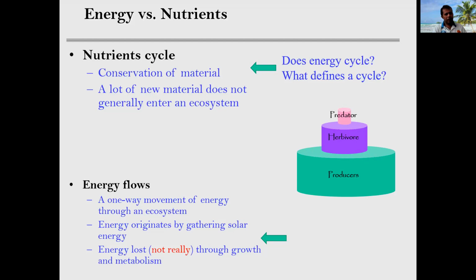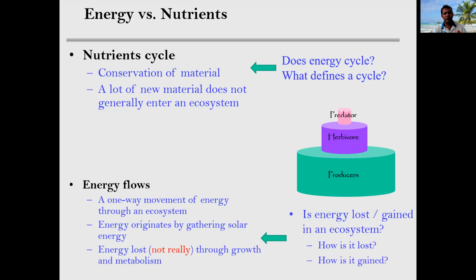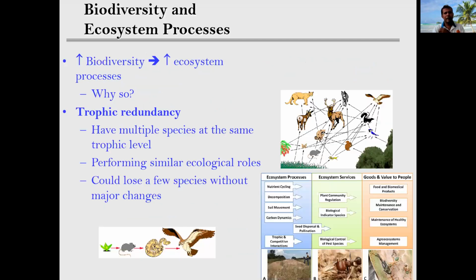So again, a very important ecosystem function is this nutrient recycling and the energy flow. Another very important thing when talking about the ecosystem is biodiversity, how diverse that ecosystem is. Why do we care about biodiversity?